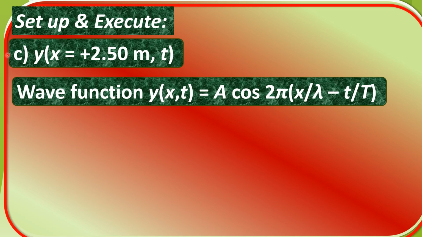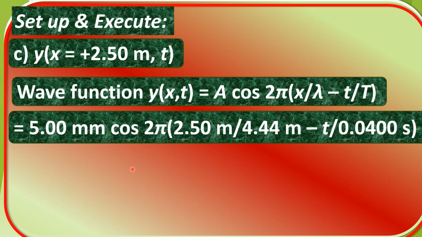So based on our given or required value for x, which is positive 2.50 meters, we substitute for the amplitude of the wave, expressed in millimeters.